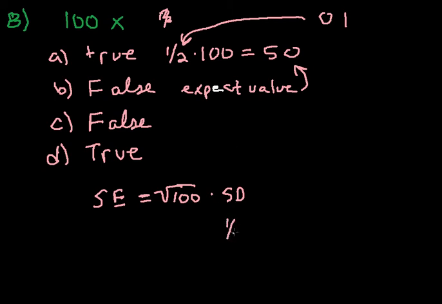The square root of 100 is 10, and 10 times 1/2 is 5. So 5 is our standard error, and we know that our expected value is 50, so we can say that it's going to be around 50, give or take a standard error or so. So yeah, we can say that's true.